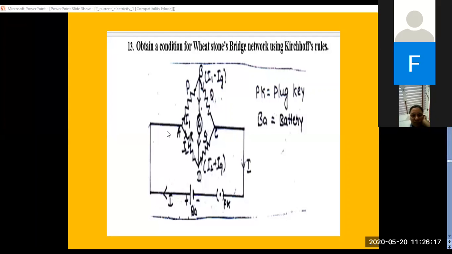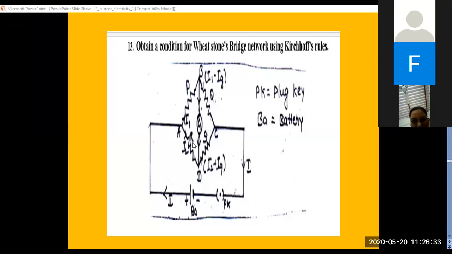Okay. Now we saw the current I is splitting into I1 and I2. Here, the current going through the galvanometer I have to denote with the symbol IG, capital I and small g. You can see it here. This is the current through the galvanometer.